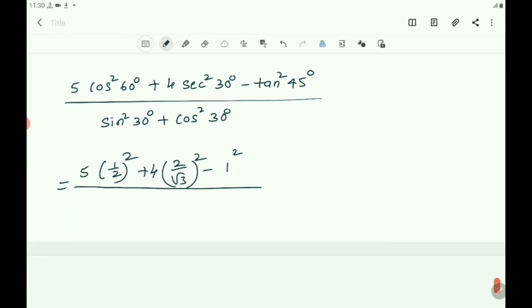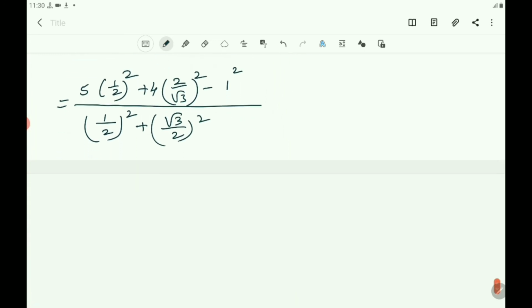Then sin square 30. Sin 30 is 1 by 2 and sin square 30 is 1 by 2 whole square, plus cos square 30, that is cos 30 whole square. Cos 30 is root 3 by 2, root 3 by 2 whole square.